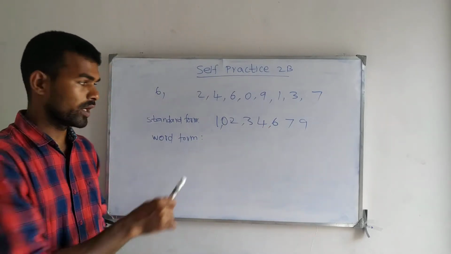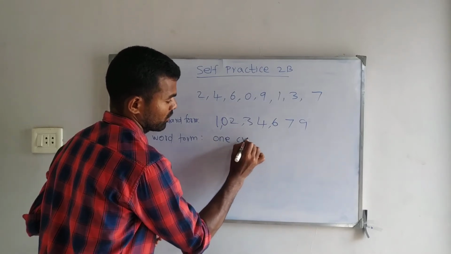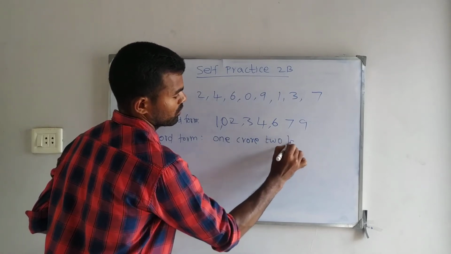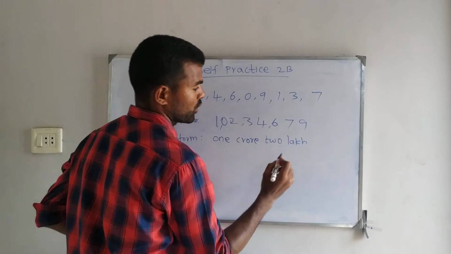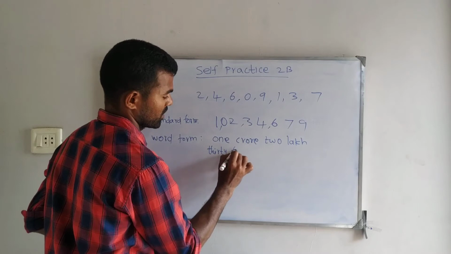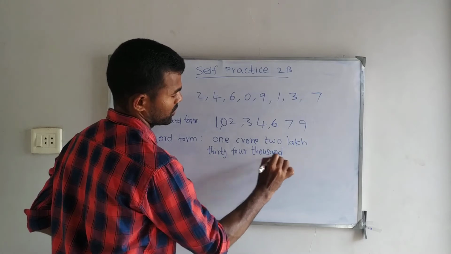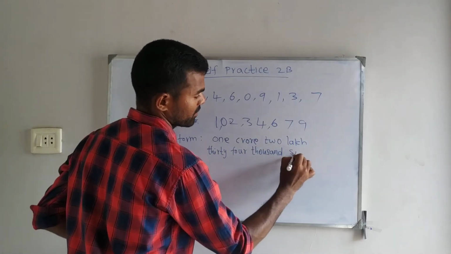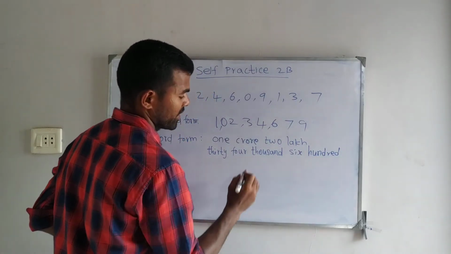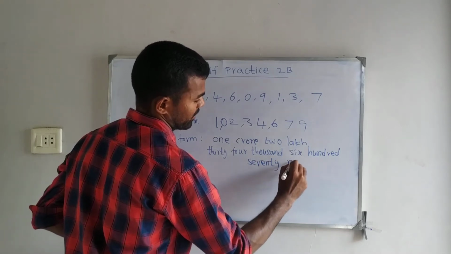And word form, how are you reading? 1 crore, 2 lakh, 34,000, 600, 79.